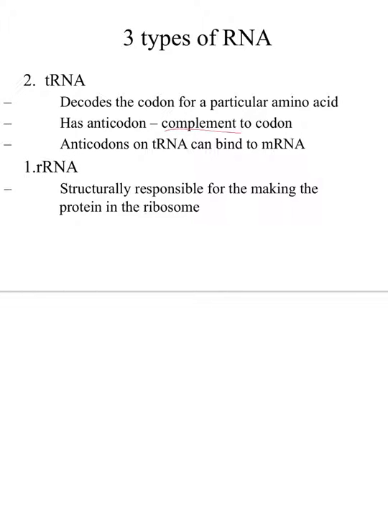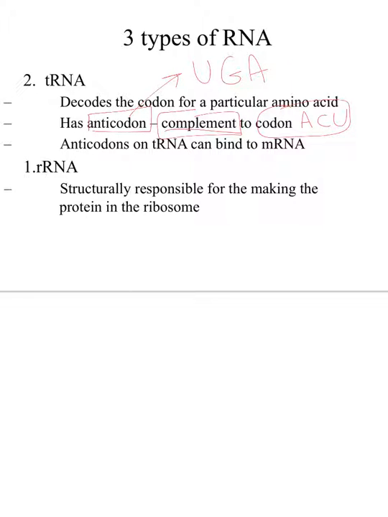So if our codon read ACU, that's the codon, then our anticodon would be UGA. So that means complement, or the opposite letter, according to Chargaff's rules. What the tRNA is actually going to do is bond to mRNA using these anticodons. So you definitely need to know that word, anticodon.